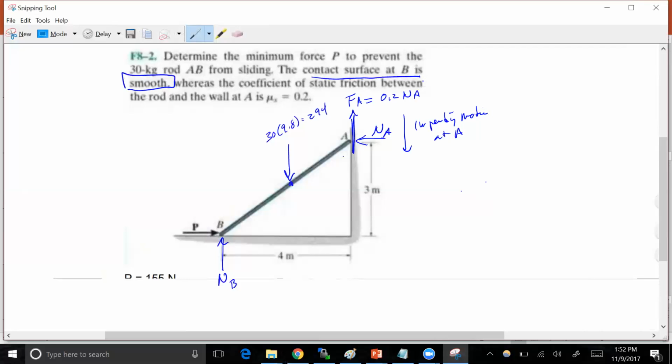And there is this thing called self-locking, which I didn't talk about, but if the rod is like this, no matter how hard you push, it's not going to go up the wall. It's called self-locking, because if you keep pushing harder, you're just going to increase the normal force, which increases the maximum friction force even more, right?